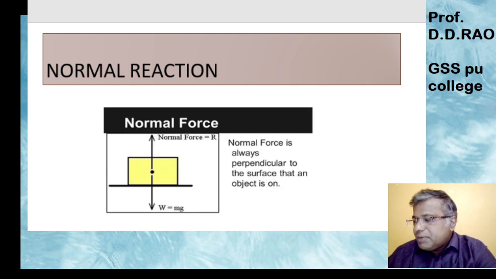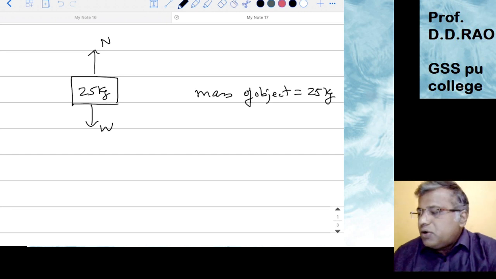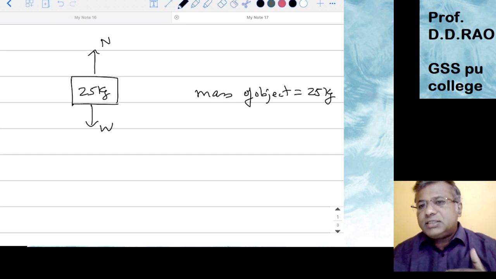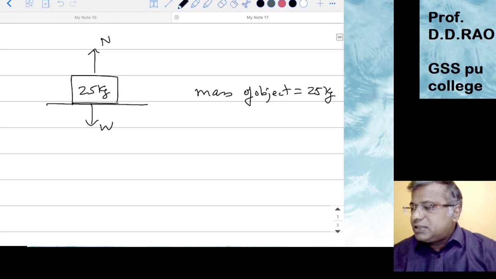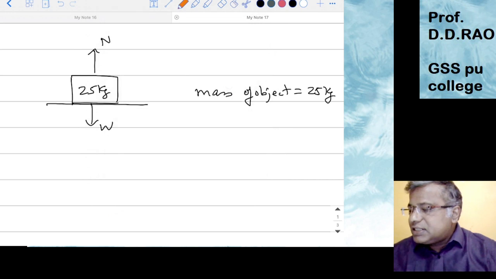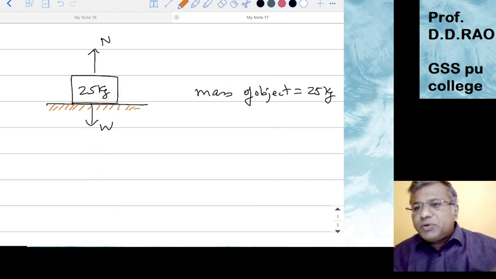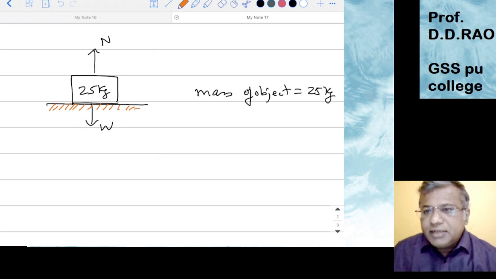Now coming back to this diagram, the weight will be acting downwards, and an equal and opposite force arises because of the surface. Say for example, you keep a 25 kg object on a table, then there will be a normal reaction acting in which direction?